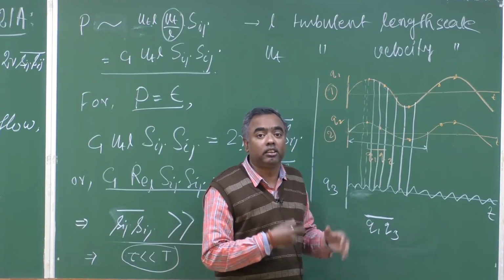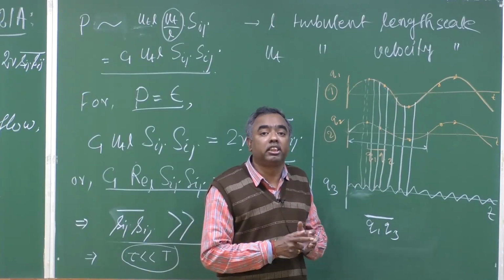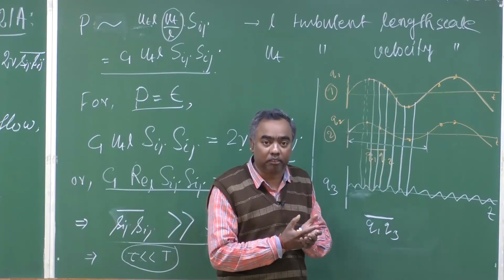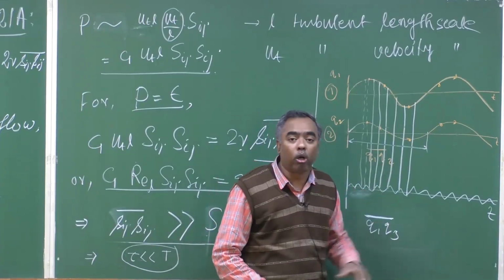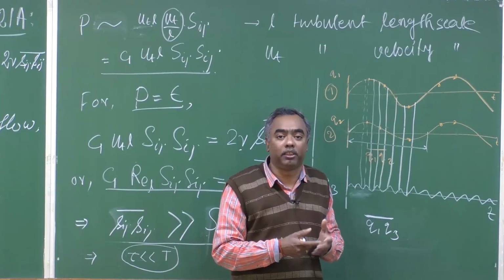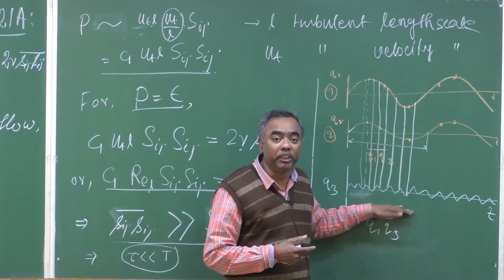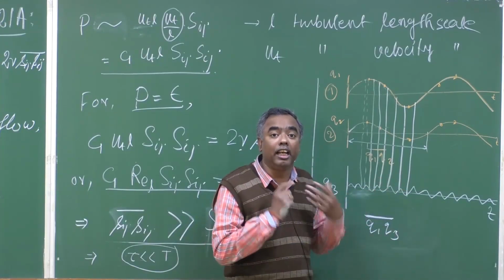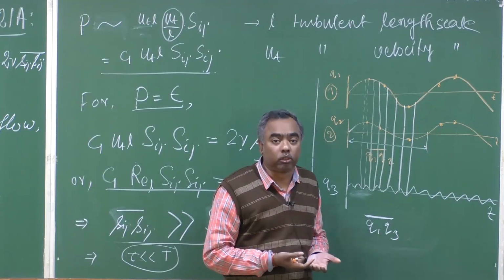So, their statistics do not depend on the orientation or rotation of the coordinate systems. Okay. So, they are sort of isotropic, or they tend to be isotropic. That means the small scales at which the dissipation occurs tend to be isotropic.